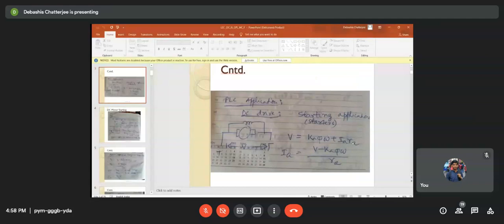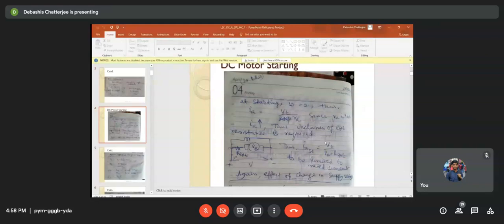During starting, if you have some external resistance, the equation will not be only RA, it will be IA into (RA plus R external). So omega is V minus IA into (RA plus R external) by K phi. Naturally, if R external is high, the speed will be lower than the expected value. The motor will settle to a speed much lower than the rated value. So this is not desirable.